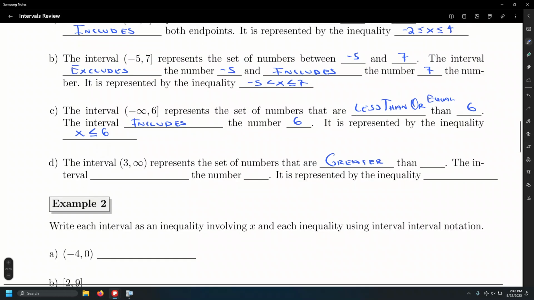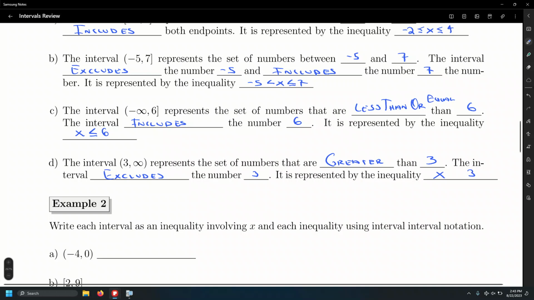So we're just looking at the numbers that are greater than 3, not greater than or equal. So greater than 3. All right? The interval excludes, this time, the number 3. And it's represented by the inequality. Again, just write the letter x, write the number 3. Now, let's think about this interval. What is it doing?